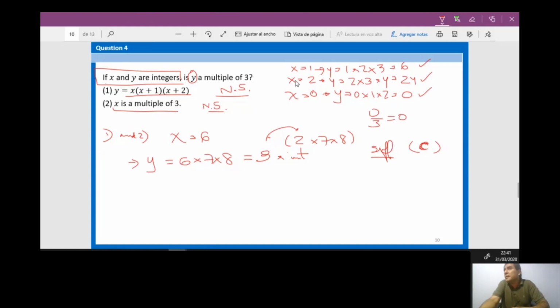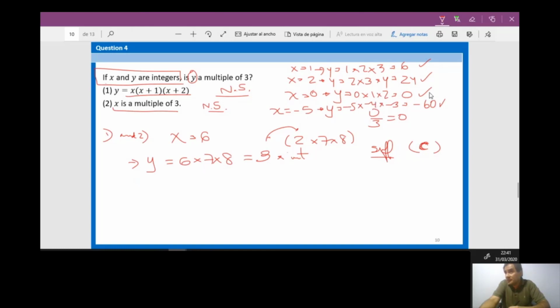So no matter the number, even if you try a bigger number or a negative number, for example, you say x equals minus 5. Then y would be negative 5 times negative 4 times negative 3. And this would be negative 60, which is also divisible by 3. So no matter the case, it looks like we always get a multiple of 3.